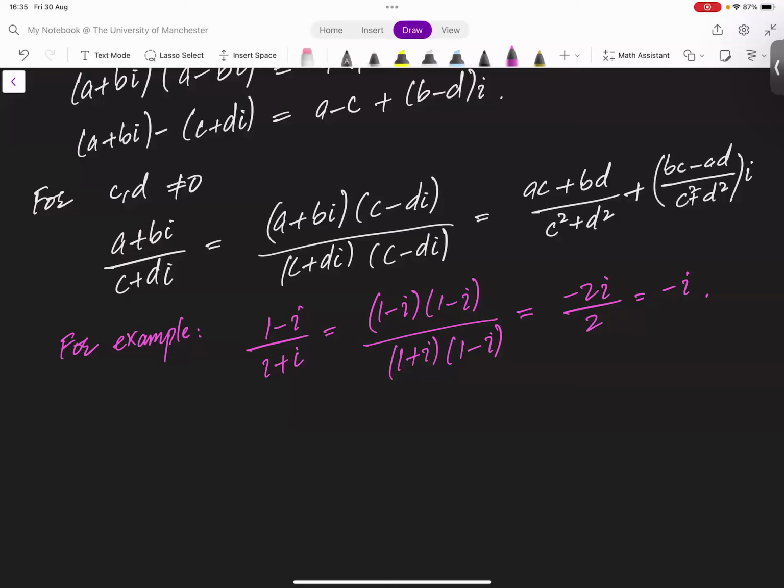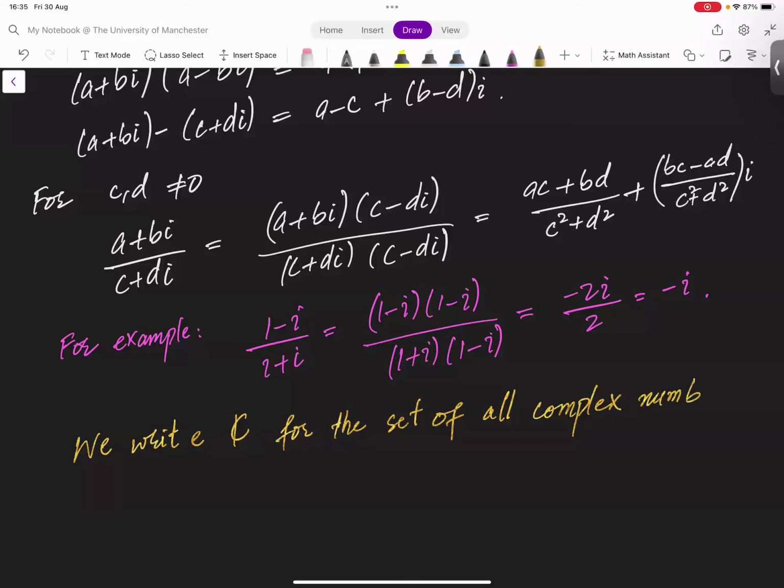Now we write C for the set of all complex numbers.